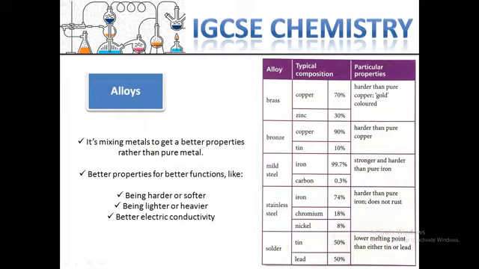We mix metals to get better properties, to reach better function. Based on the condition, we may need harder alloys, or softer. Maybe we need lighter alloys, for a plane or aircraft.